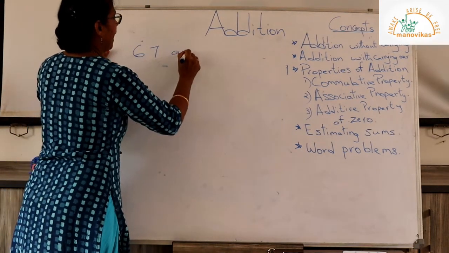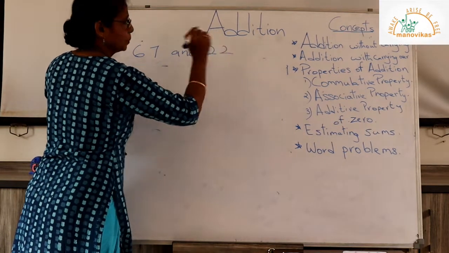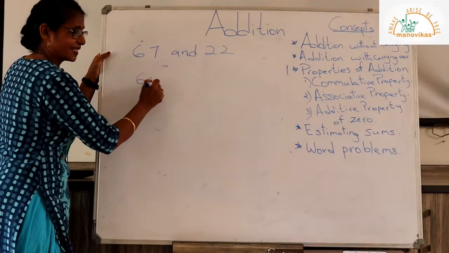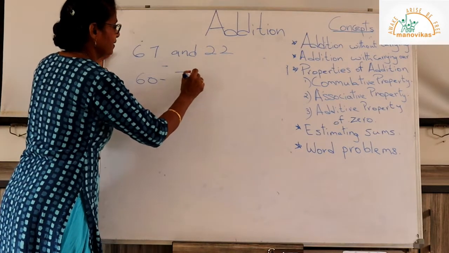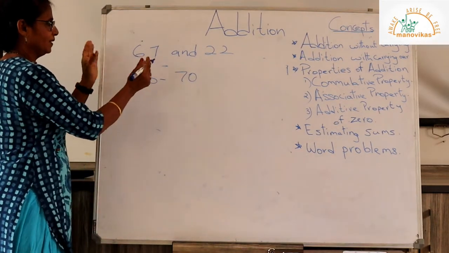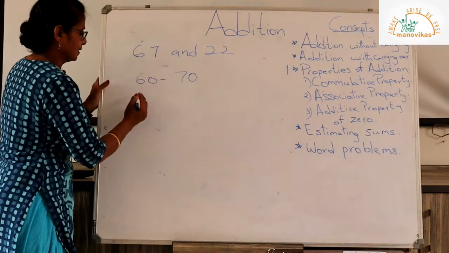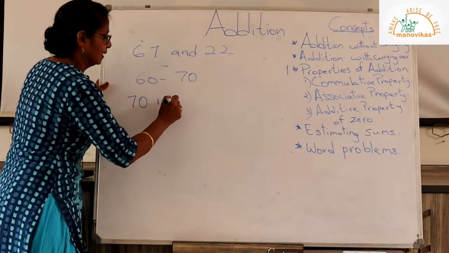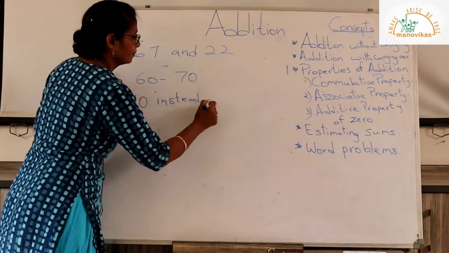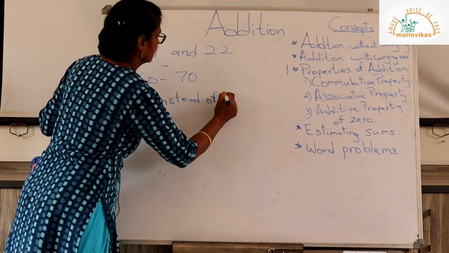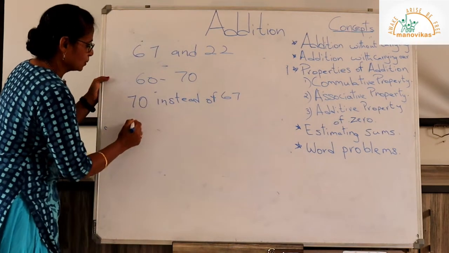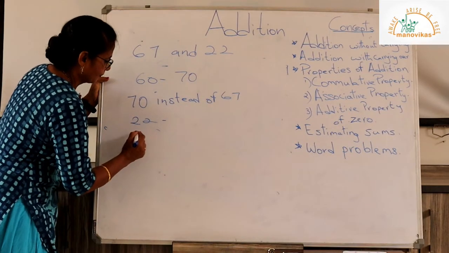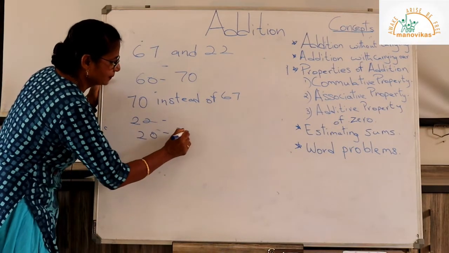67 and 22. 67 is between 60 and 70, so we will estimate 67 as 70 instead of 67. And 22 is between 20 and 30.